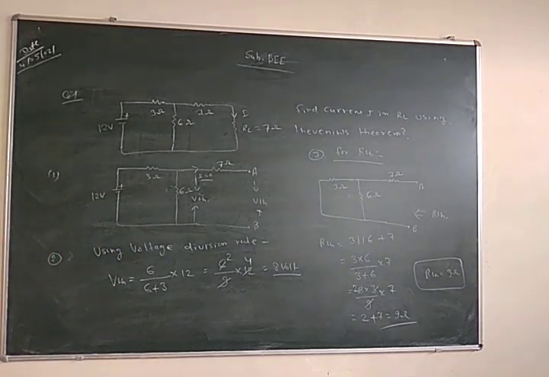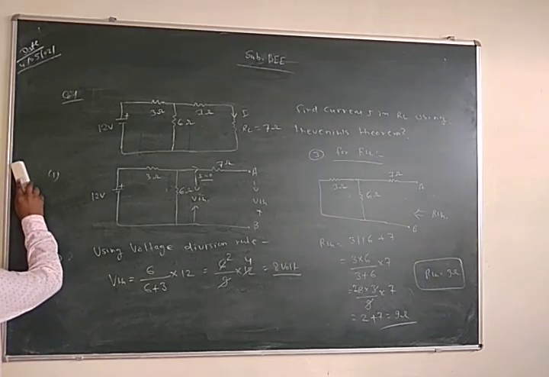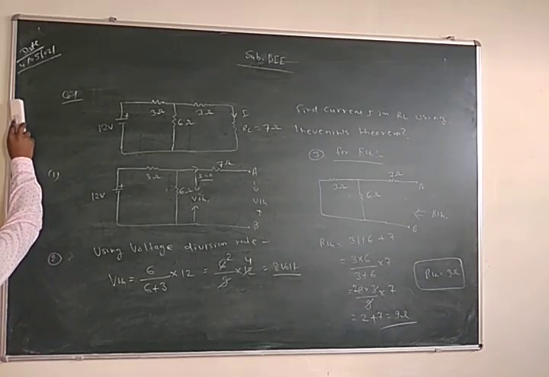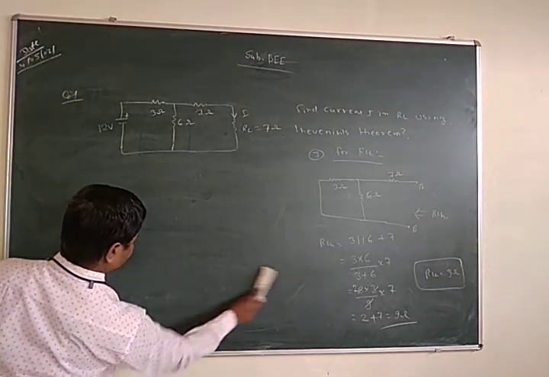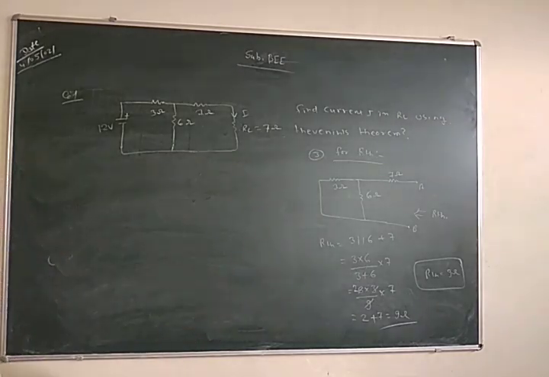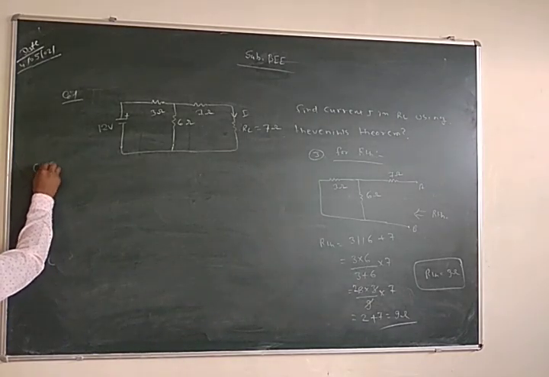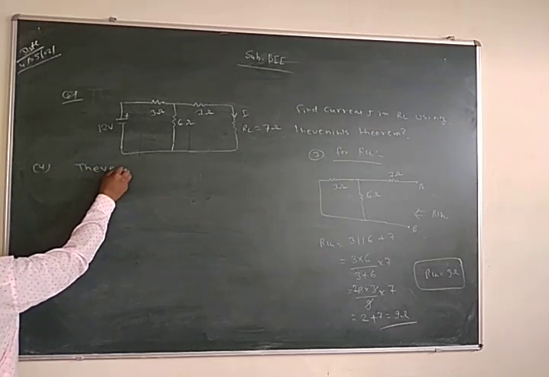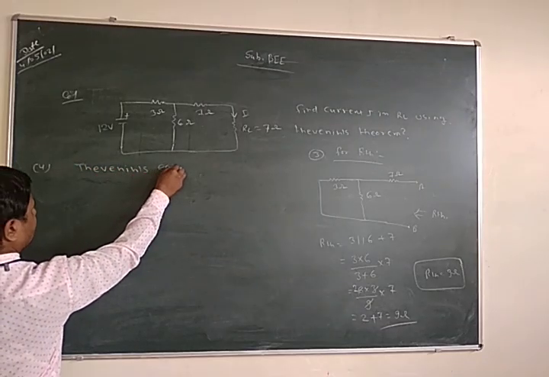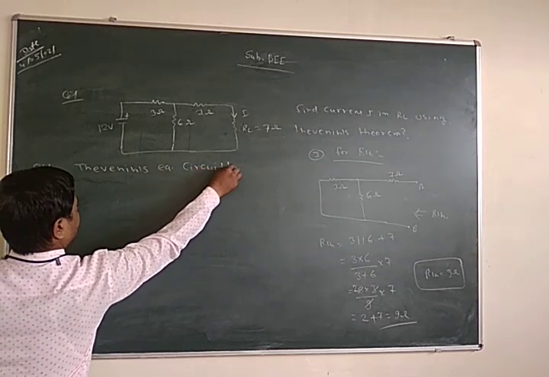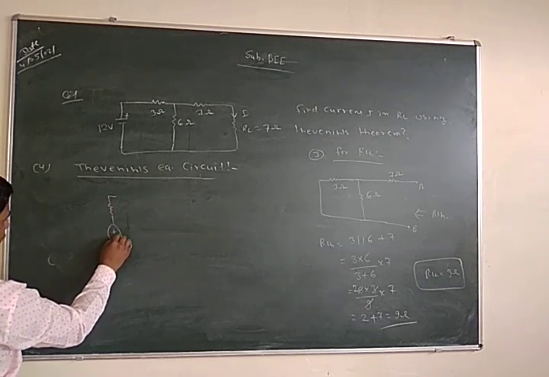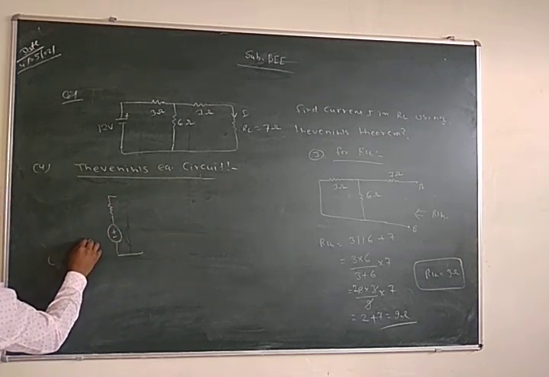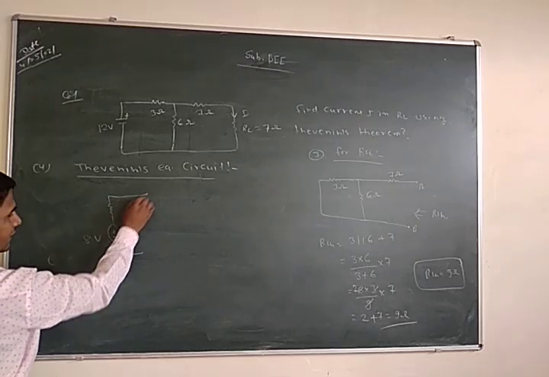Next step, we draw the Thevenin equivalent circuit: voltage VTH is equal to 8 volt, RTH is 9 ohm.